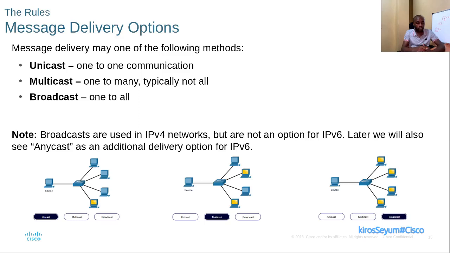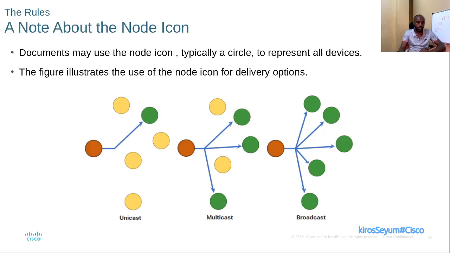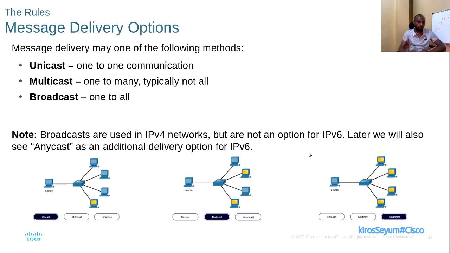Multicast is one to many devices. Broadcast is one to all. If it is a broadcast, it is to all devices. If they are in the same broadcast domain, every device will receive a broadcast message. So this is one-to-one, one-to-many, and one-to-all.